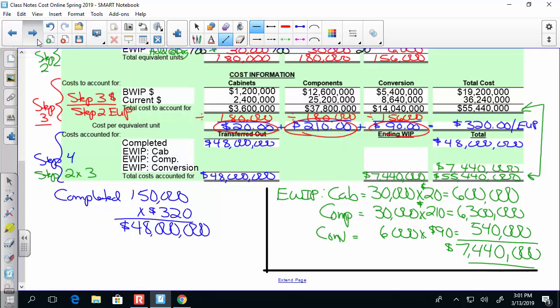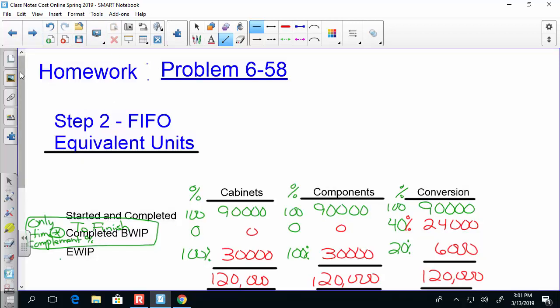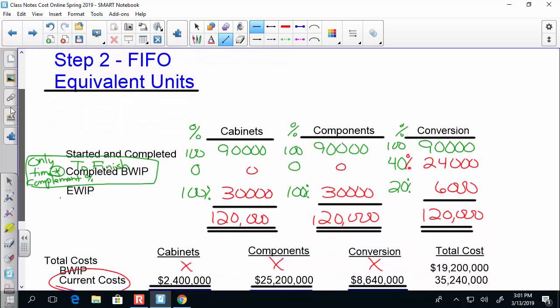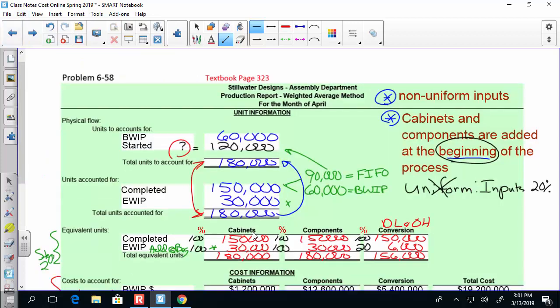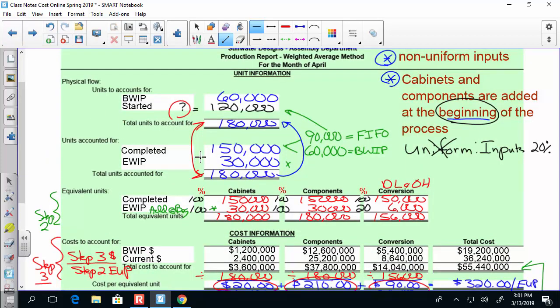Going forward, I did the same problem using the FIFO method, and this is probably the most difficult. We're changing gears. Under FIFO, the started and completed is what's used, which is 90,000. Where is that number coming from? Let's go back to the previous page. Realize of the 150, 60,000 were from beginning units.